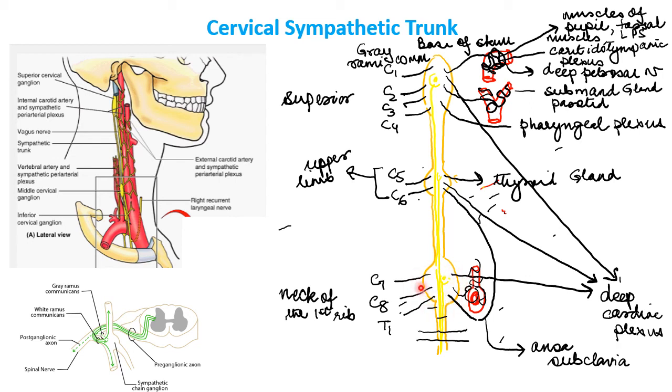If there were carcinomas of the thyroid, they could spread out here because they infiltrate, or Hodgkin's lymphomas, or cancers of the esophagus, or in case there is a cervical rib which compresses these structures present at the area of the neck of the first rib, then there would be a destruction of the trunk at the root of the neck, isolating the cervical sympathetic trunk from the thoracic sympathetic trunk, and thereby from the CNS, from where the sympathetic outflow is coming.